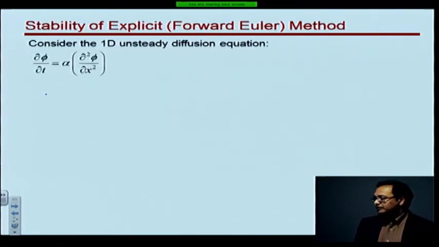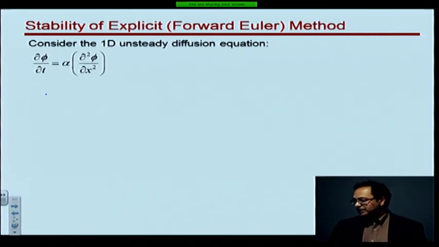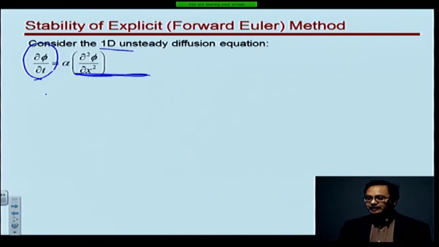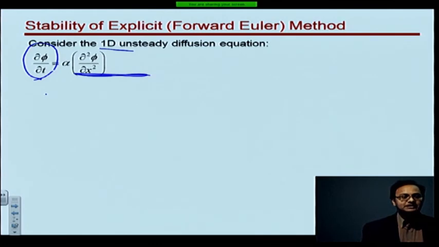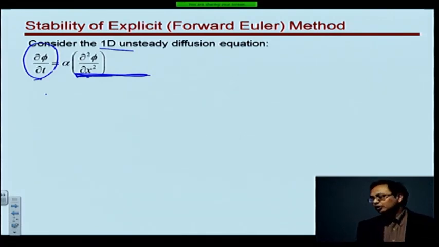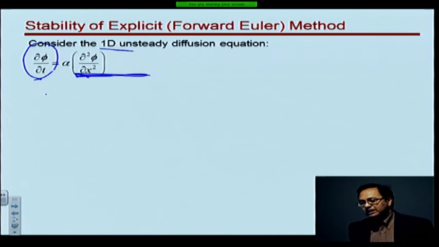Okay, so for the stability analysis, I'm going to just look at the 1D equation, because we are really interested in instability associated with this term, not instability associated with whatever is in there. Also, to remove any kind of instability associated with iterations, I'm just treating this as a one-dimensional problem in space, so that you don't have to worry about iteratively solving anything, because later on we will compare this to an implicit method, where if you do 2D, then you have time stepping and iteration within time steps.